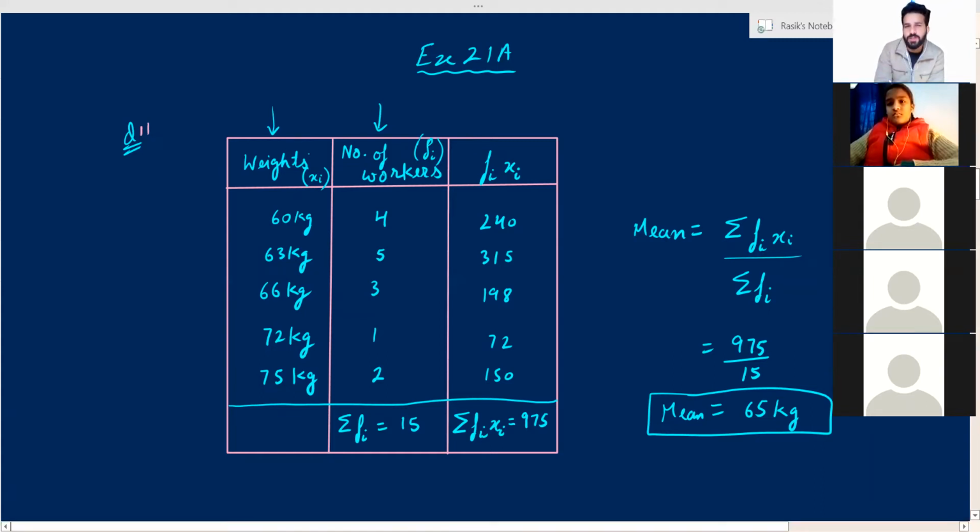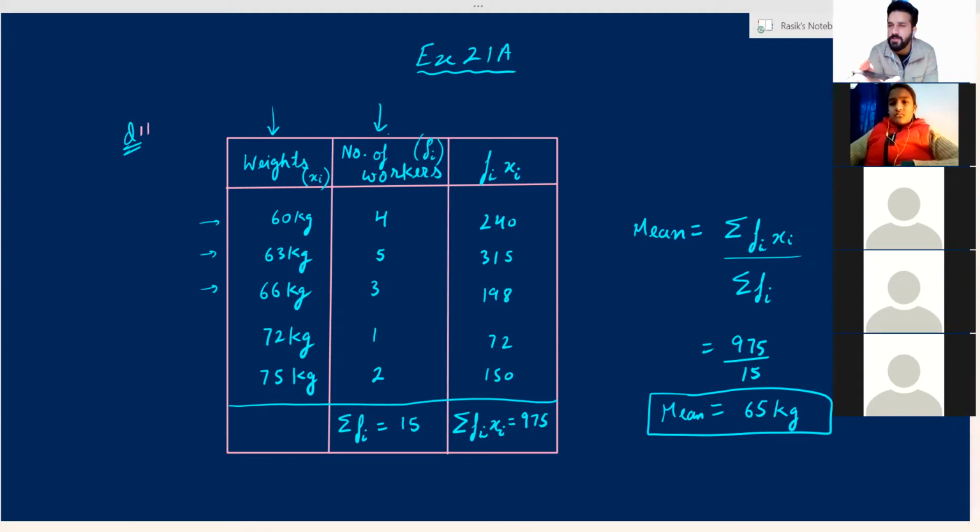Weights mean observations. There are some workers in a factory. The weights of these workers are given: 60 kg, 63 kg, 66 kg. And frequency means how many workers have the same weight. How many workers have 60 kg weight? 4 workers. So this is frequency.